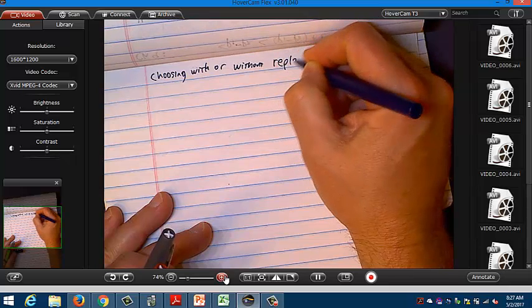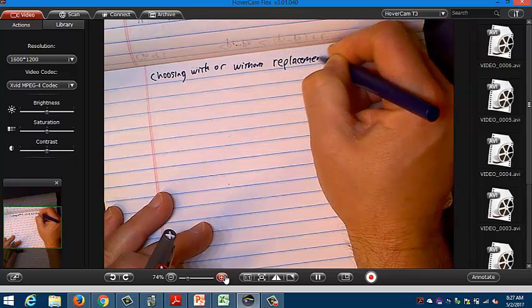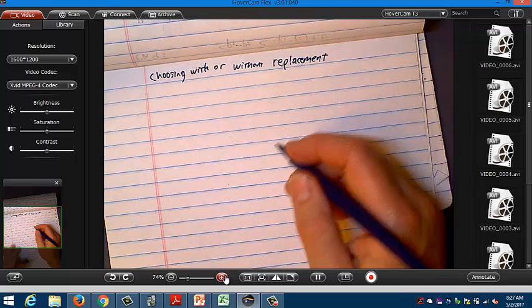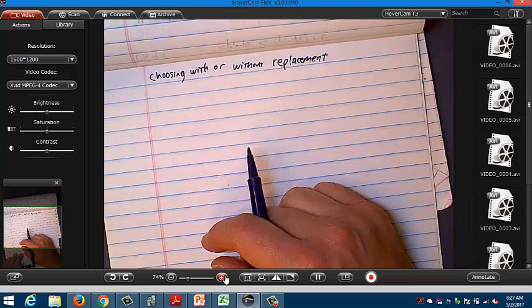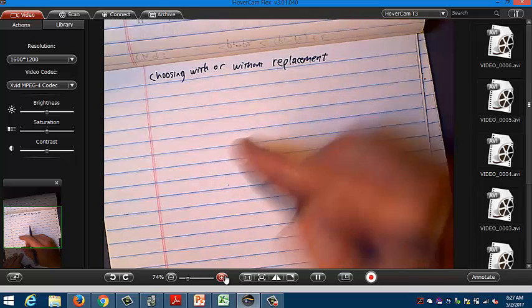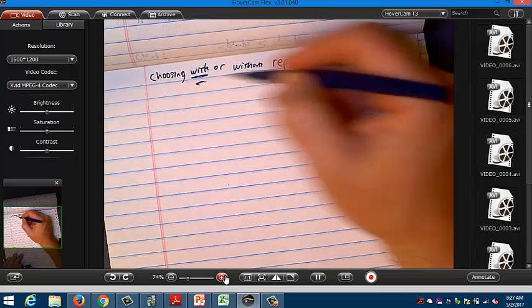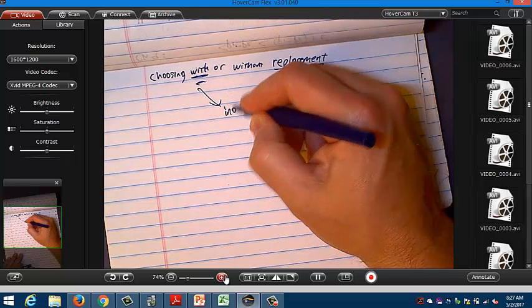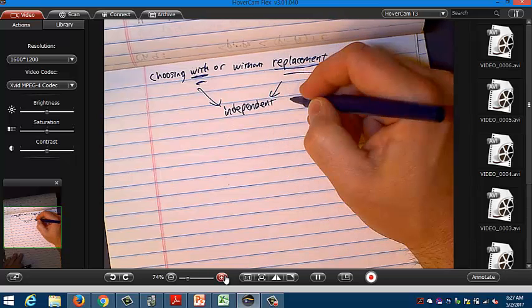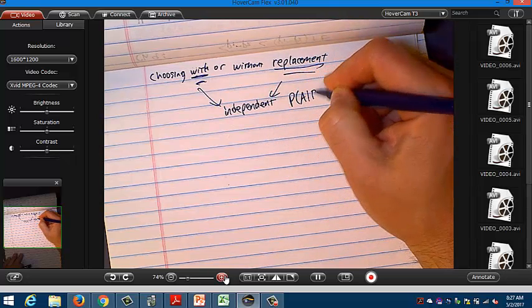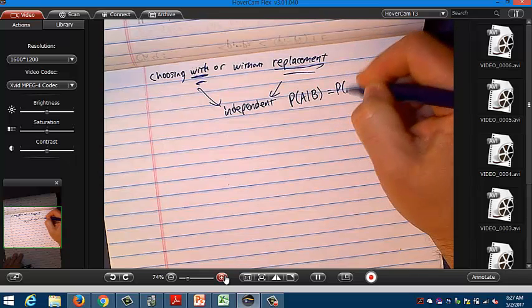Do you guys remember that? I remember we had the problem where Mr. Lemke picks a shirt from the rack and then puts it back. When you have with replacement, that made things independent. And this was the situation where the probability of A given B was exactly the same as just the probability of A.